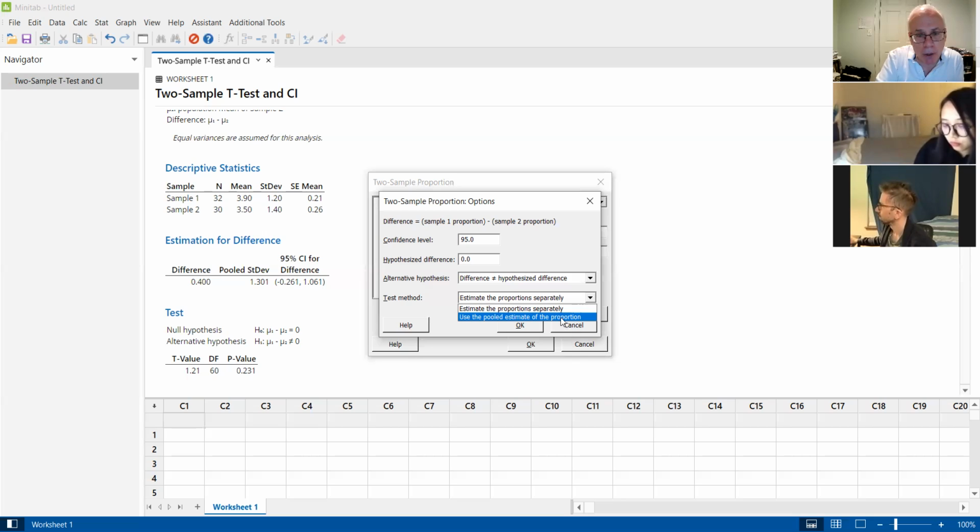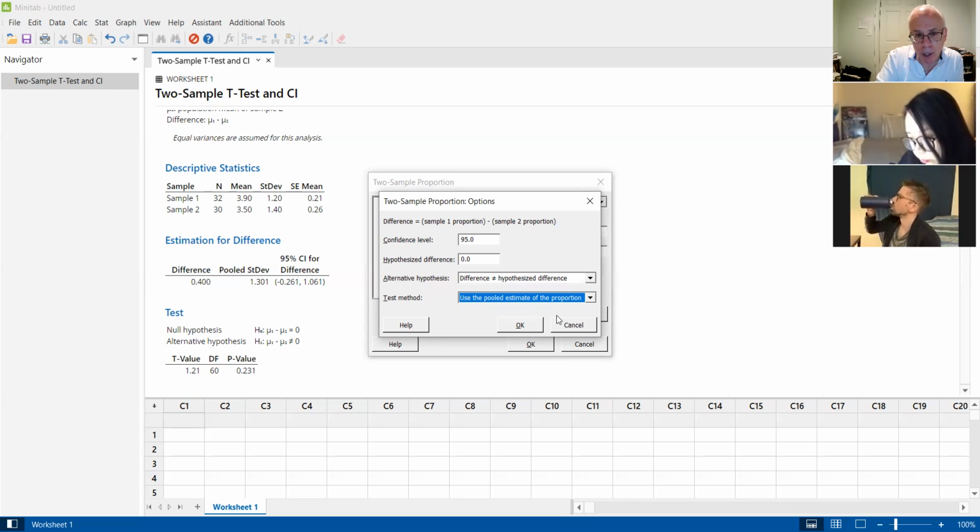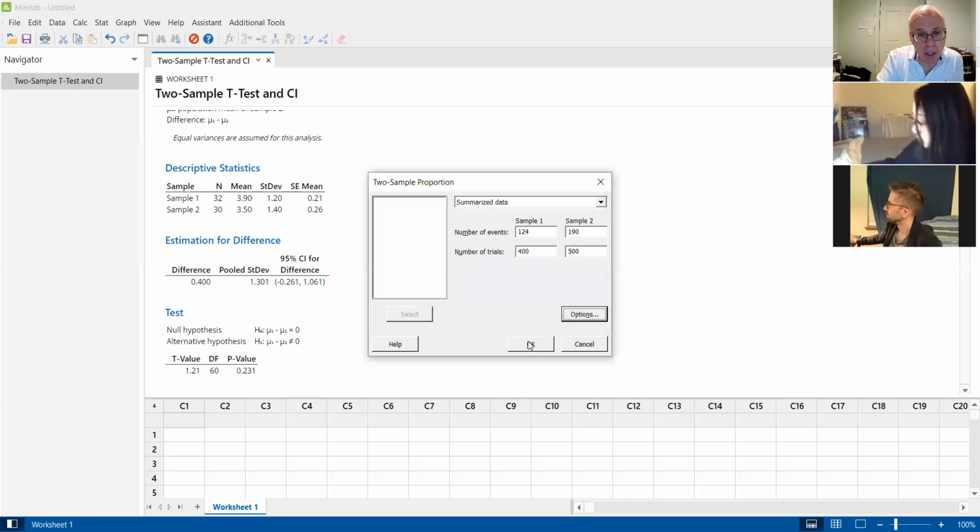All right, so that's what we're going to use. We're going to use the pooled method. Make sure you do that. It says use the other method if the hypothesized difference is not 0. All right, so it doesn't default to this, you have to choose it. Use the pooled estimate. All right. And that's it. So click OK and click OK again.